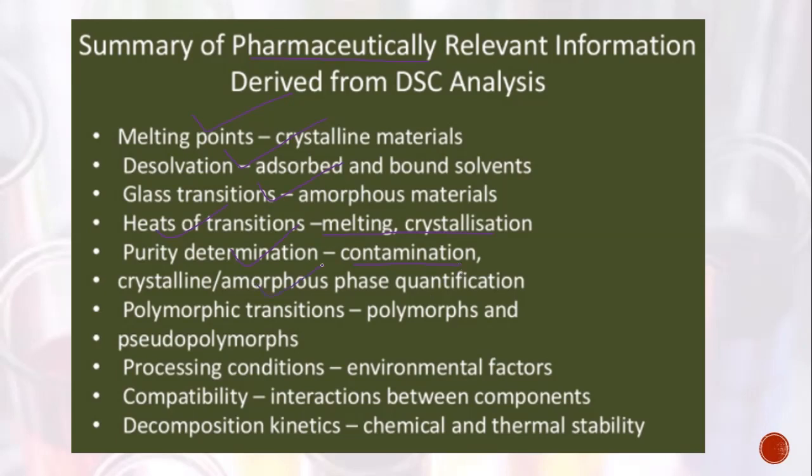We also have crystalline and amorphous phase quantification, polymorphic transitions, processing conditions, and compatibility interactions between components. We can also check kinetics, such as decomposition of compounds, chemical and thermal stability, and decomposition kinetics.